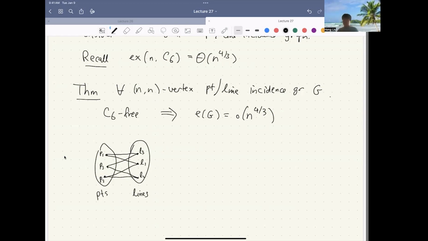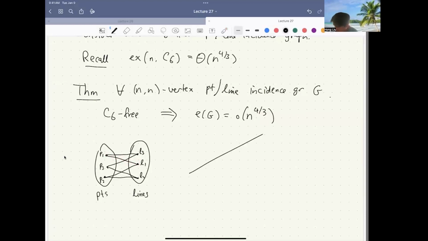Let's look at how it looks in this point-line arrangement. There's an edge between P1 and L1. That means P1, as a point in the arrangement, lies on the line L1.